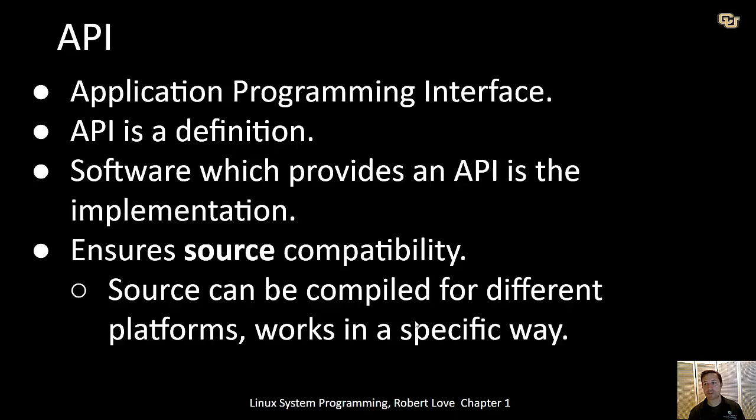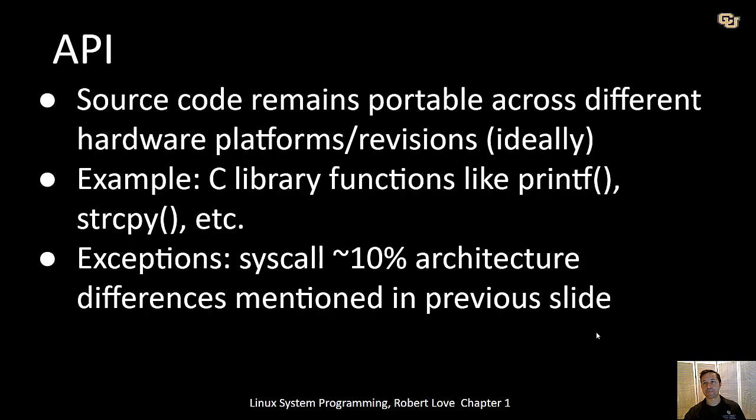The API is used to ensure source compatibility, meaning that you can write the source once, and compile it for x86, for ARM, or any different architecture. As long as the source matches the API definition, it's going to be able to be recompiled and rerun on different platforms. So your source code can remain portable across hardware platforms and revisions.